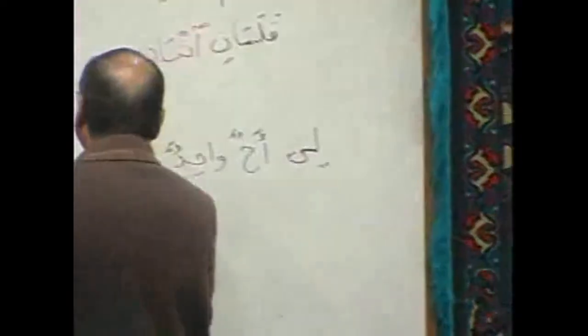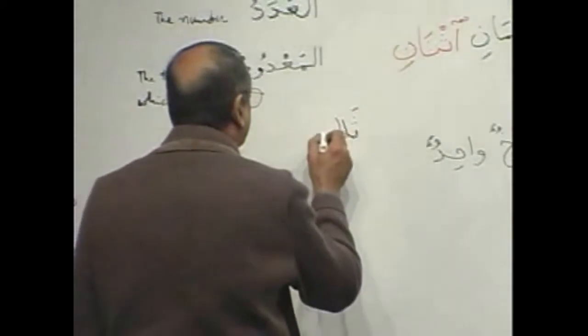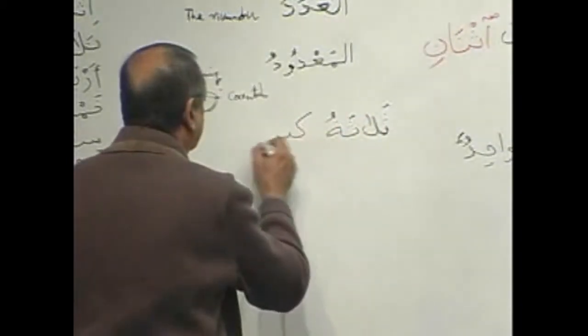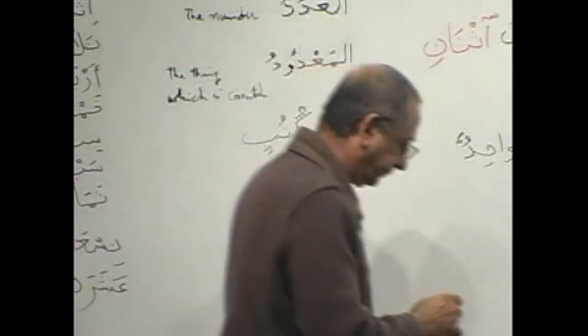When you start with 3 to 10, there are two things in the construction. Okay, I will write down. I wrote down two nouns.